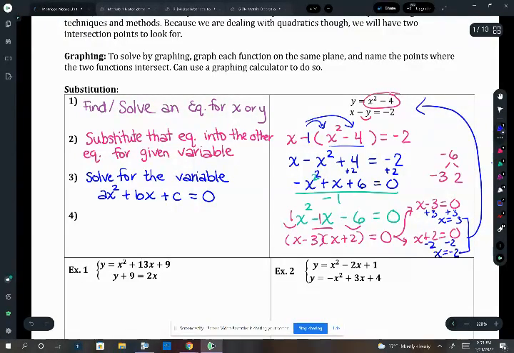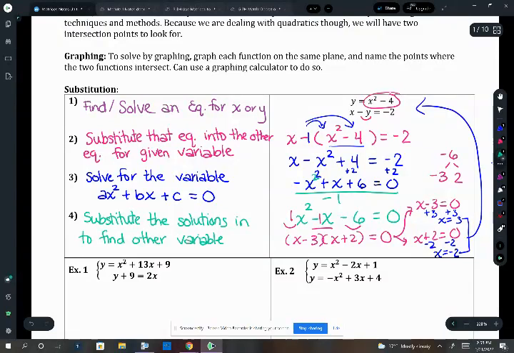So that last step is to substitute the solutions in to find the other variable.